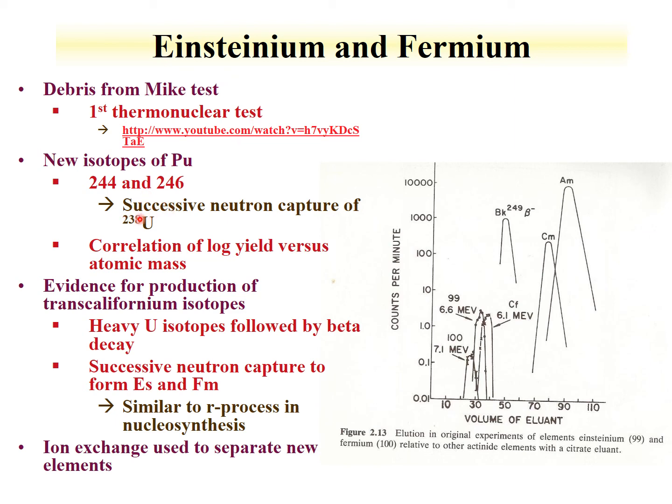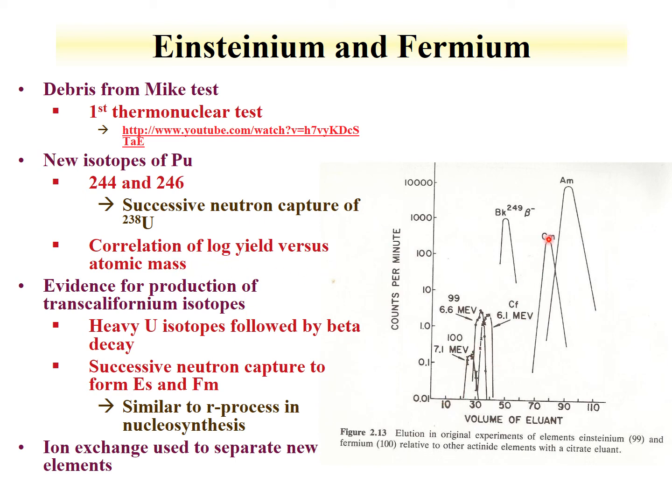You started off with uranium-238 and you made successive captures on the uranium-238. So you go from uranium-238 to uranium-246 in an instant, and then that uranium would beta decay to make different elements along those different isobars.